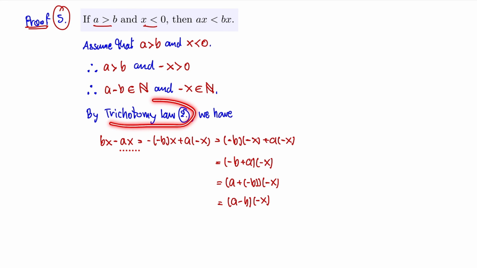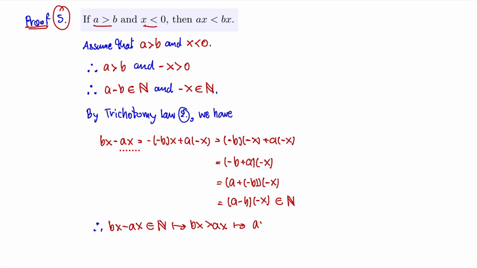By trichotomy law, the product of these two positive integers is in the set of positive integers. So this means that bx minus ax is in the set of natural numbers, which implies that bx is greater than ax, which means that ax is less than bx.